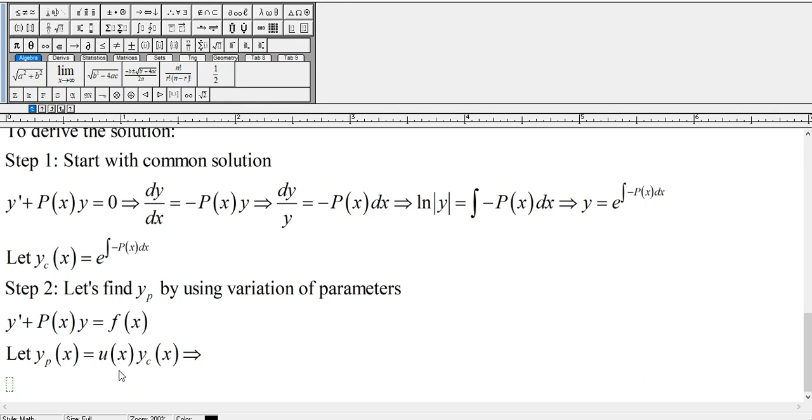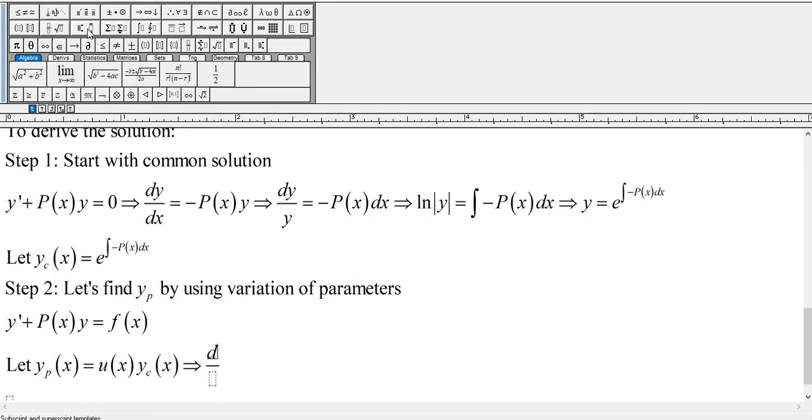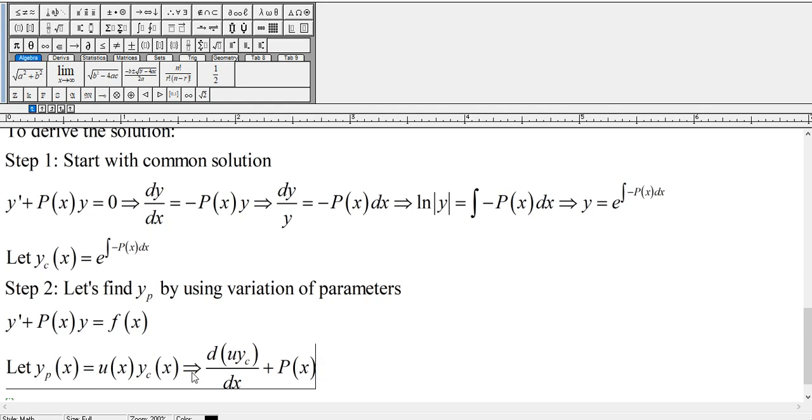So what we can do now is take a derivative of this so we can plug it in. So I'm going to get the derivative of, and I'm just going to name this uy, y common, over dx, plus p of x times y, which is now u y common.